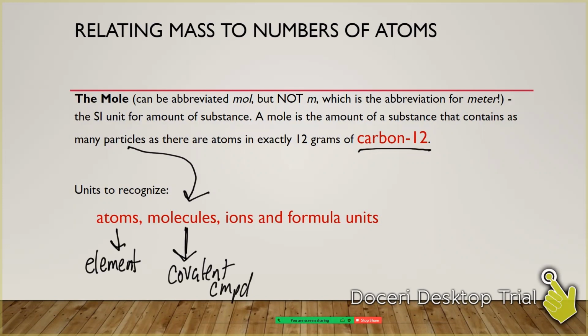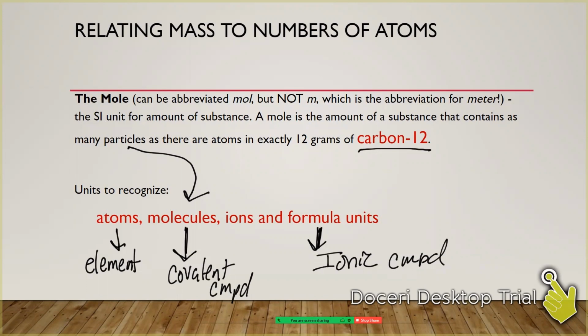Ions are if we're talking about an ionic compound that is just now in ions. And formula units are if we're talking about ionic compounds. So in other words, all of those are different types of particles, more specialized depending on whether they're part of a compound or whether they're all by themselves.